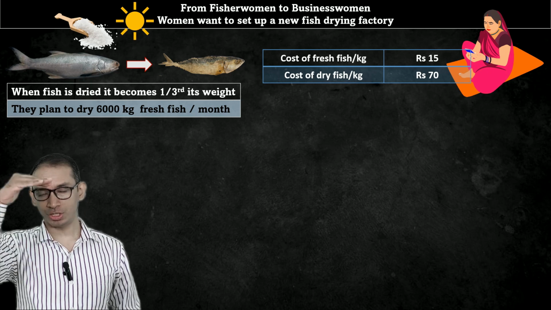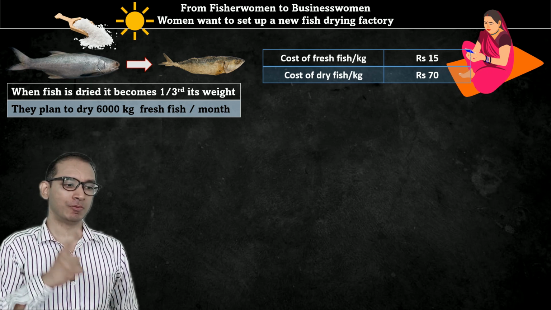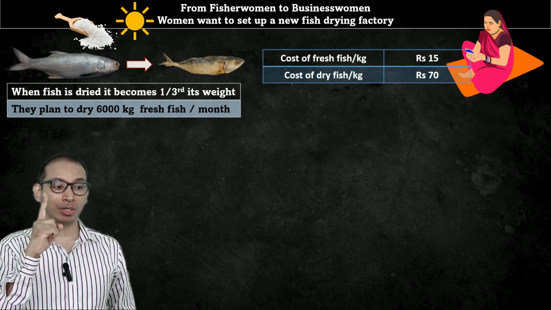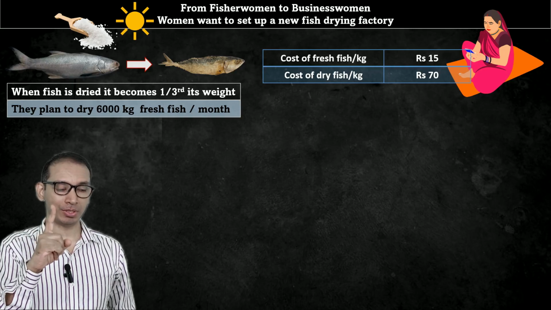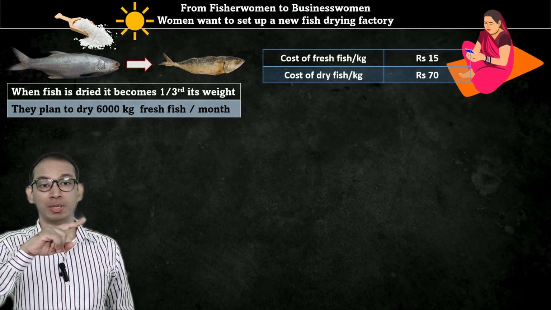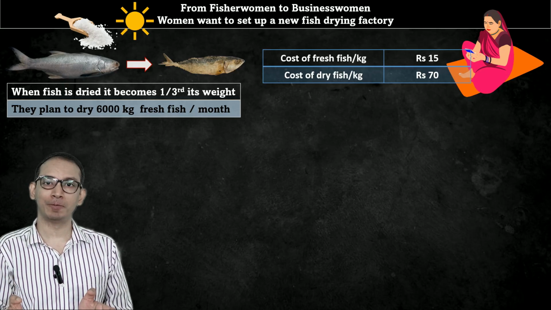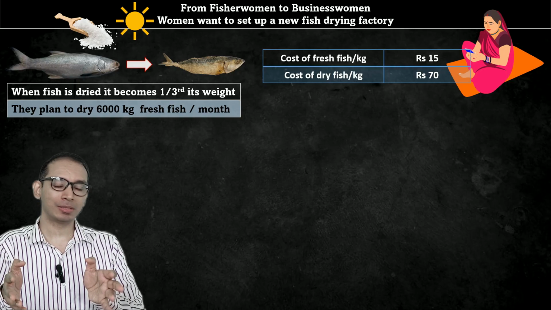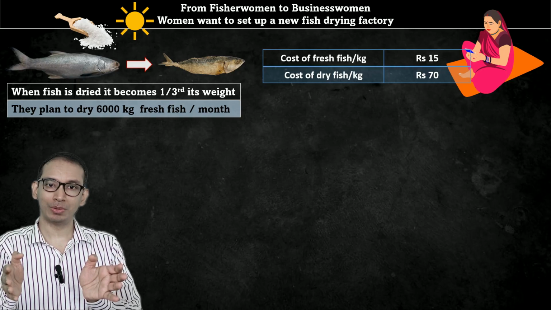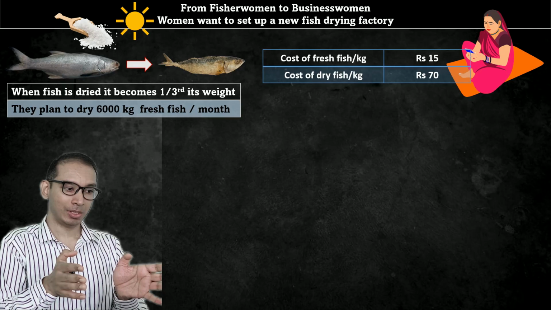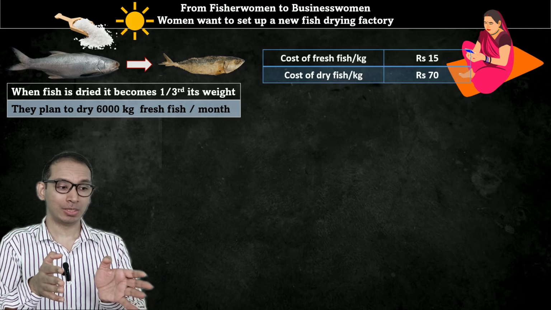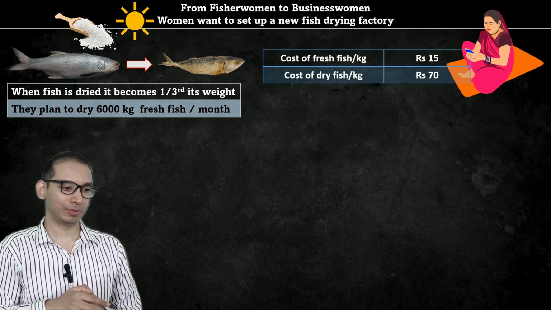It seems like a steep rise, but remember, to give you 1 kg of dry fish, you will need approximately 3 kgs of fresh fish. So that's 45 rupees right there. So 45 rupees of fresh fish gives you 70 rupees of dry fish.